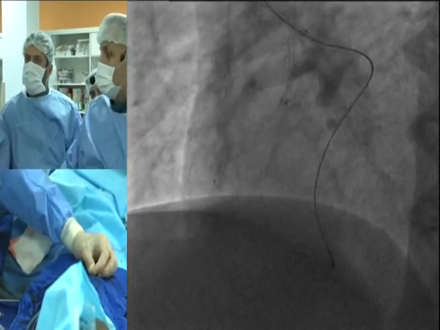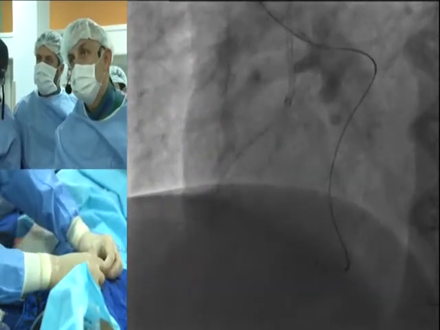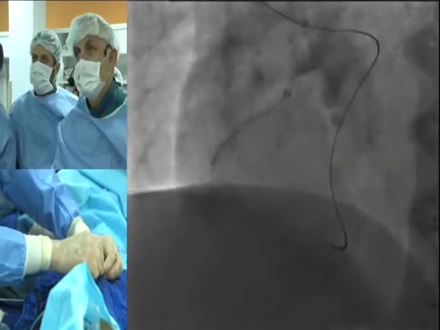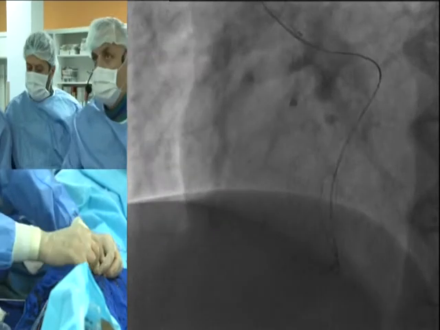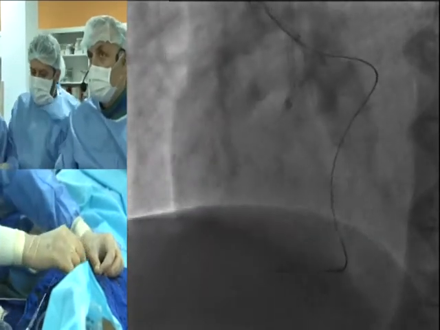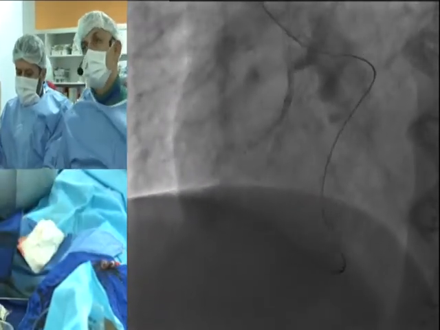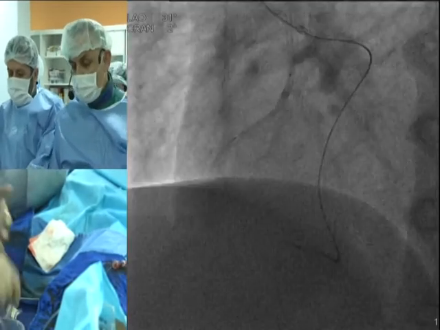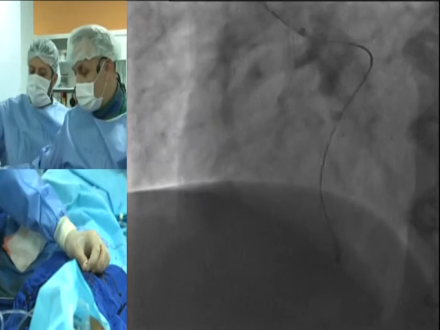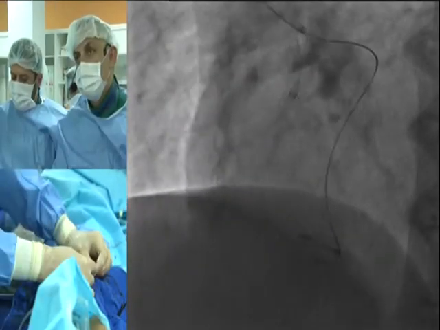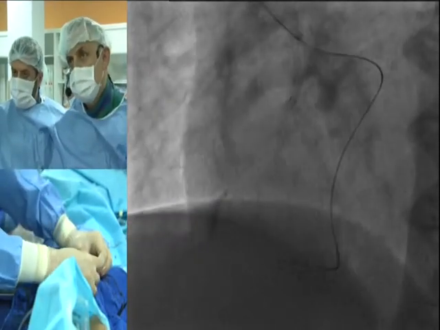I like to have IOs here. 17, 18. Down. 14, 16. Down. I'd like to have a 2.5 by 20 NC balloon, please. This is NC balloon. Down.